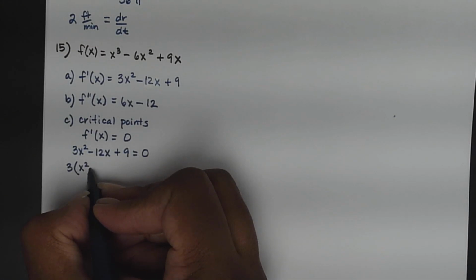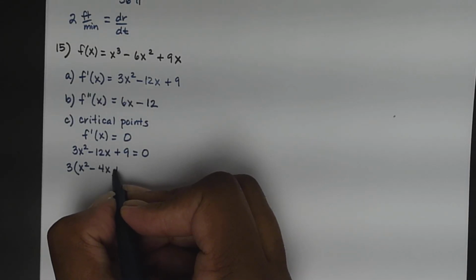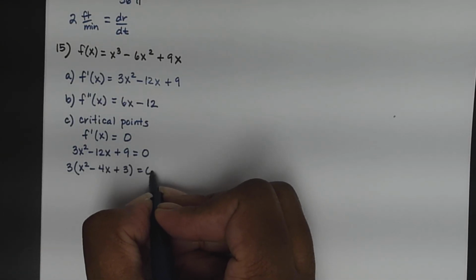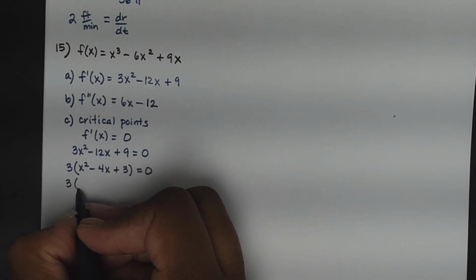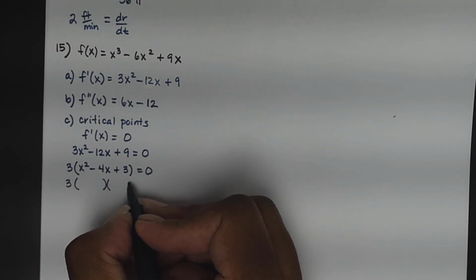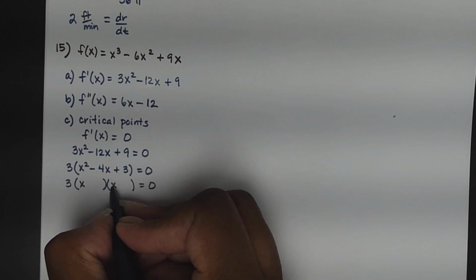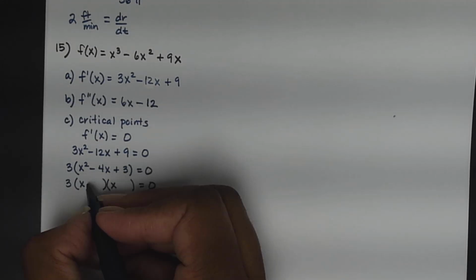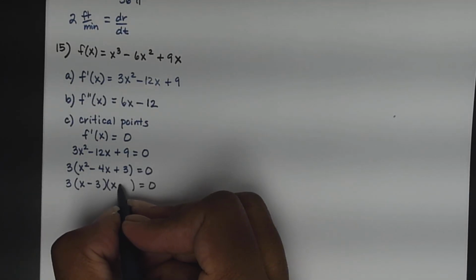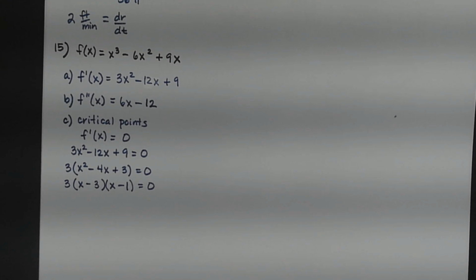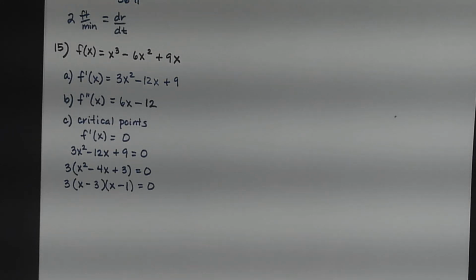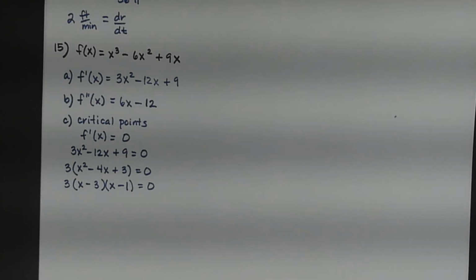So I have x squared minus 4x plus 3 equal to 0. I can factor x squared minus 4x plus 3 into two binomials. The x squared breaks up as x and x. Factors of 3 that give me minus 4x will have to be minus 3 and minus 1. So I have 3 times the quantity x minus 3 times x minus 1 equal to 0.